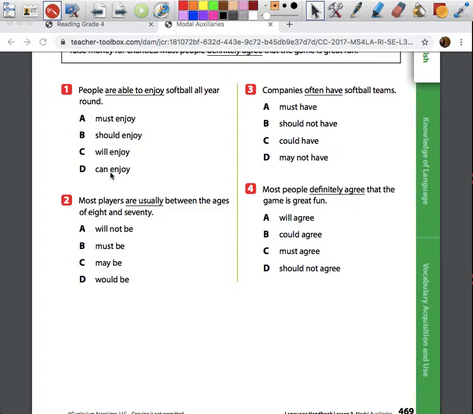Number 2, most players are usually between the ages of 8 and 70. We've got are usually. Well, usually means that's a possibility. That means that they can be this age or that age. It's not a guarantee. So usually would be similar to possibly.